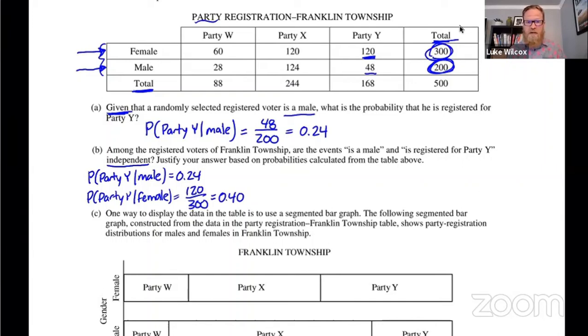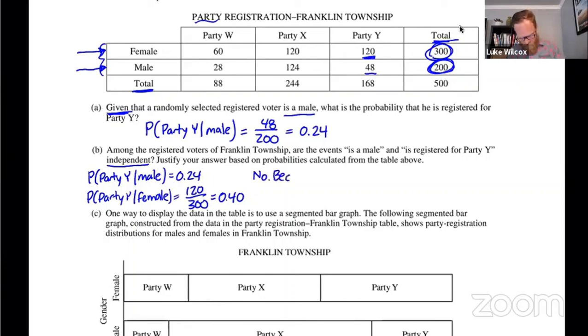In other words, knowing whether or not a person is male changes the probability that they are registered for party Y. This means that those two events are not independent. So let's make sure we answer the question here. The answer to the question is no, and then we need a good justification here.